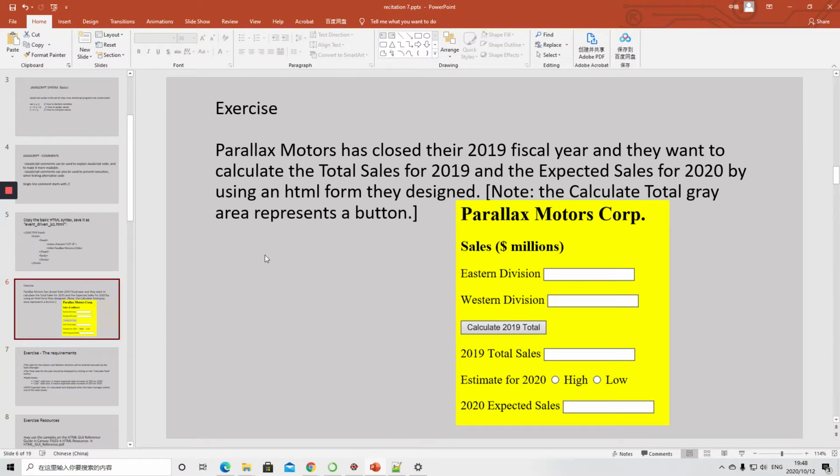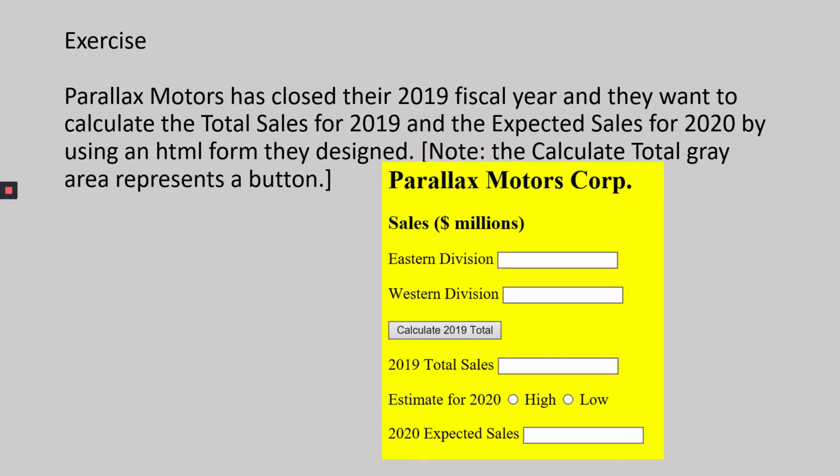I think this is going to be the only exercise we are going to do today. It is a car company, as I said at the beginning of the class. This company has an eastern division and a western division, so there are two divisions for this company.